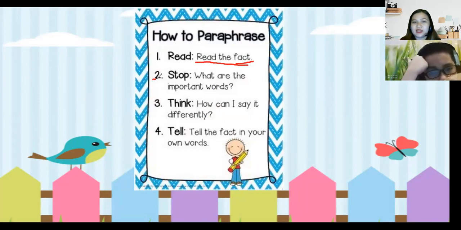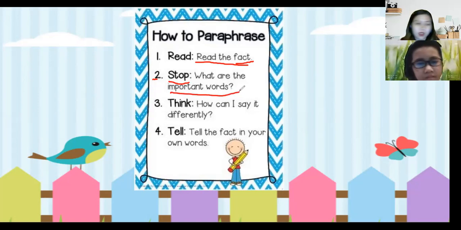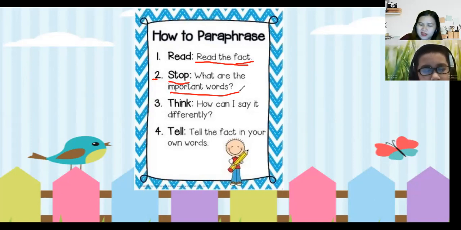Number two, stop. What are the important words? You need to stop and look for the important words in the paragraph.